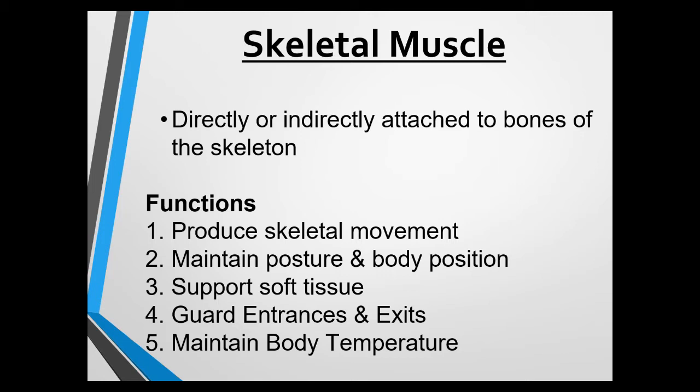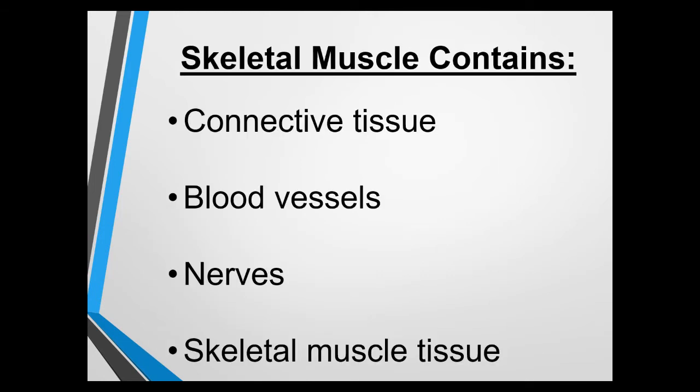Now, just so you know, motor neurons attach directly to this muscle, which is going to be controlled by spinal reflex, which is consciously controlled for us. The skeletal muscle contains connective tissue, 3 different layers: epimysium, perimysium, and endomysium, and we're going to learn that in a minute.